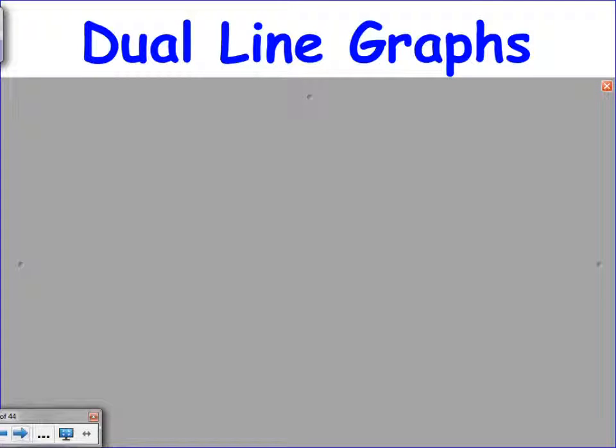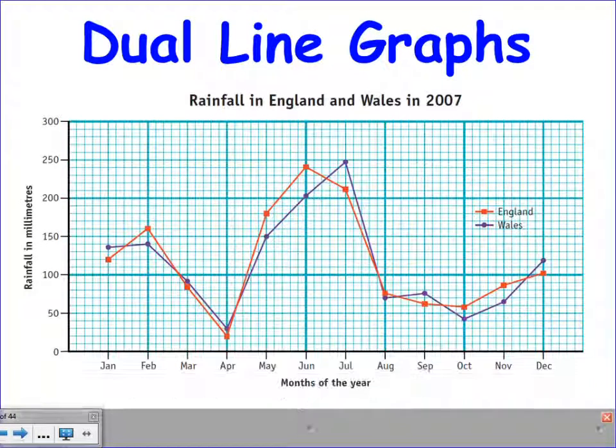We've already come across dual line graphs. All dual line graphs do are compare 2 sets of data on one display, much like we did with our component bar chart. Okay, we're looking at 2 lots of data, or our dual bar chart is a dual graph. So here I've got the rainfall for England and Wales in the year 2007. England's in red, Wales is in blue.